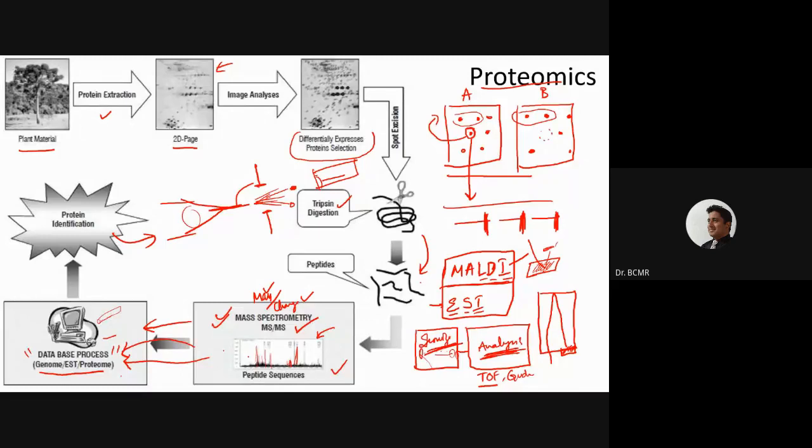M over Z is given, and then that can be compared with the already existing data, which is called peptide fingerprinting. Okay, it's worth remembering that, I think. Peptide fingerprinting, and then you will have identified the proteins that are specific to either of the cell types or samples that you are analyzing.